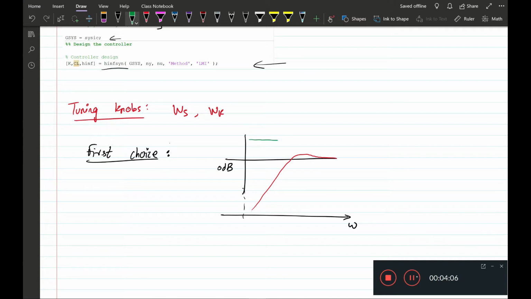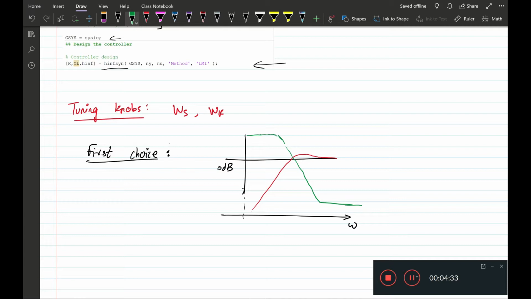So we might want to have WS something like this. So a higher cost on low frequencies, so that the optimizer tries to push S down at low frequencies, and a lower cost at high frequencies, so that the optimizer allows an increase in S.